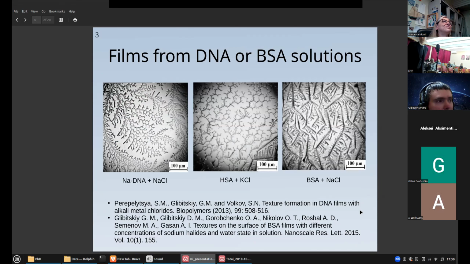Yes. Unfortunately, we did not have the opportunity to test this with different types of DNA. We are using Sigma DNA, I think, but the Sigma Aldrich was not producing this kind of patterns.